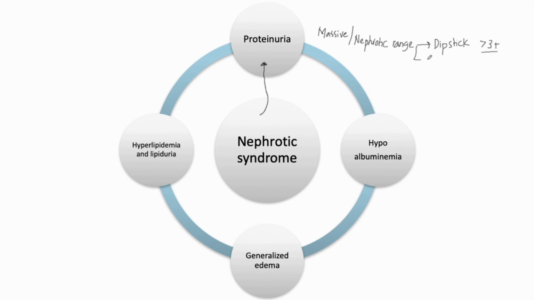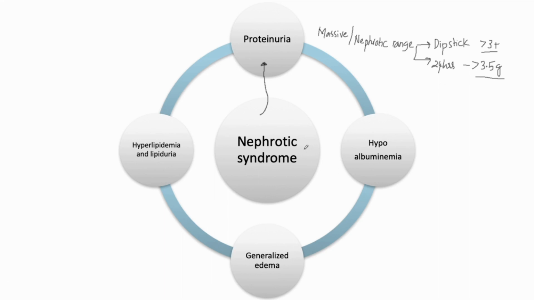And if you are collecting a 24-hour urine sample and measuring the total protein, it is more than 3.5 grams excreted. So this is massive or nephrotic range proteinuria, which is one of the important components of nephrotic syndrome.